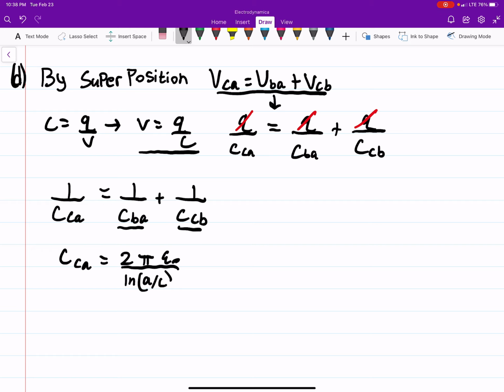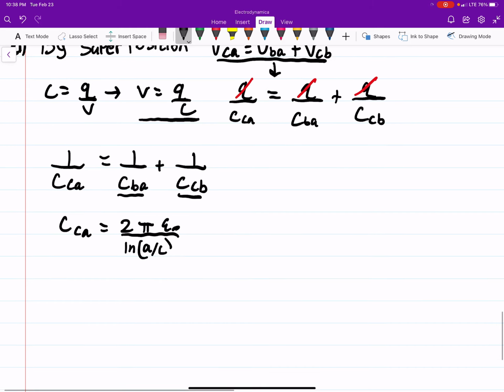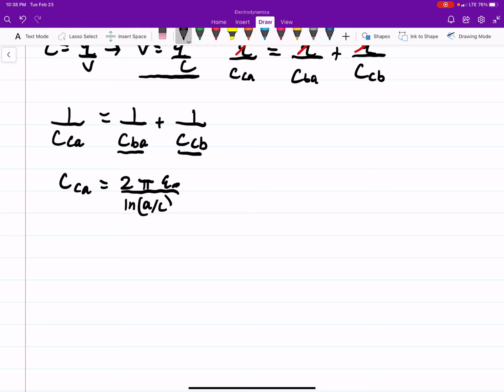So that is that part, and I just used the general equation to get it. If you want to find it in general, then your total capacitance is 1 over 1 over C1 plus 1 over C2 plus ... plus 1 over Cn.